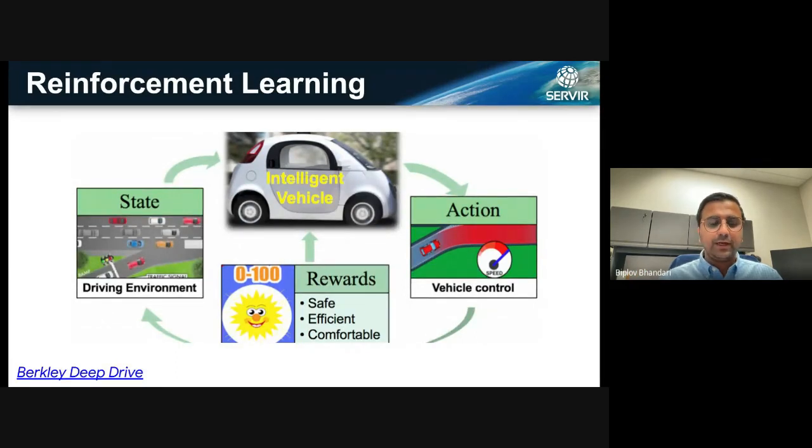A positive reward would be when it stays in its lane, drives safely, comfortably, and efficiently. A negative reward would be a hard brake, or crossing a traffic light, a traffic violation. So it's a different way of thinking in the machine learning world, but it's something out there, and it's good to be aware of.